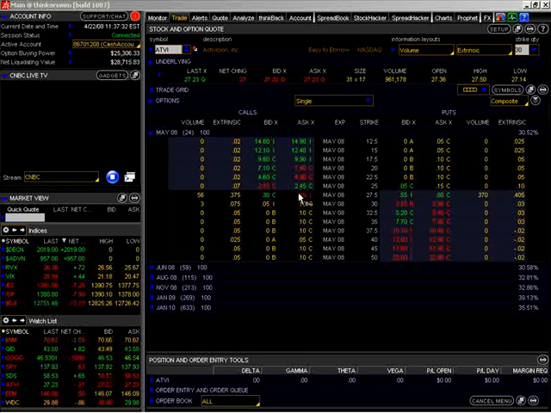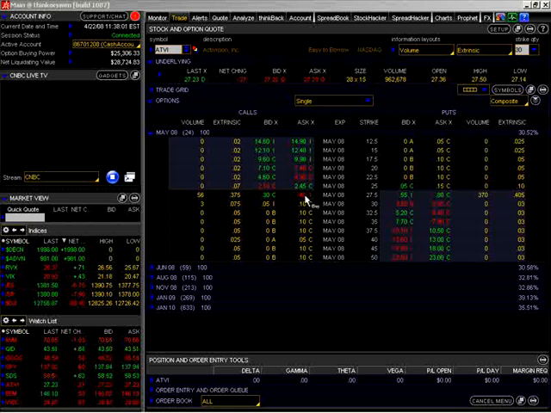Well, at 40 cents, this option actually has no real value because the current price of the stock is at $27.23. So not only do you have to be accurate as to your timing, because the stock would have to move quickly in order for you to make money, but you also have to be accurate as far as direction goes.